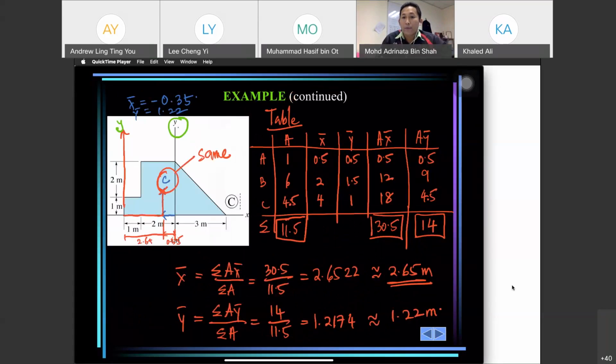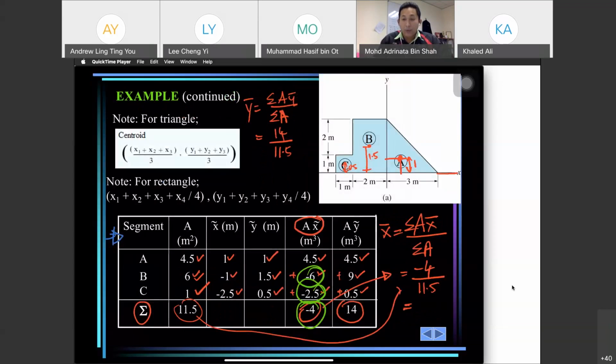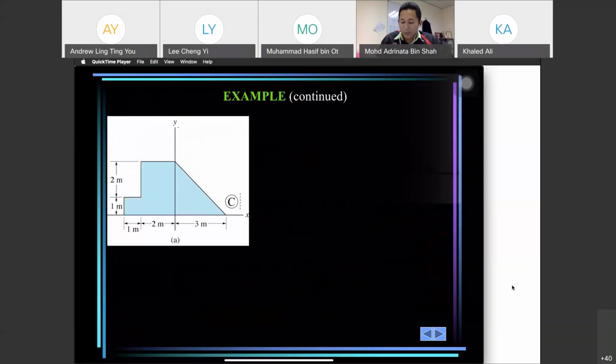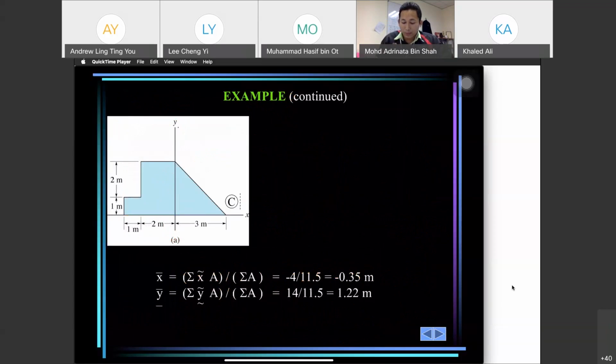So I will have all positive answer for x and all positive answer for y, which is safer for me. Because if we take this value, sometimes we put a wrong digit in calculator. We plus it all, so it will give a wrong answer to our solutions. Okay, so this is the examples.